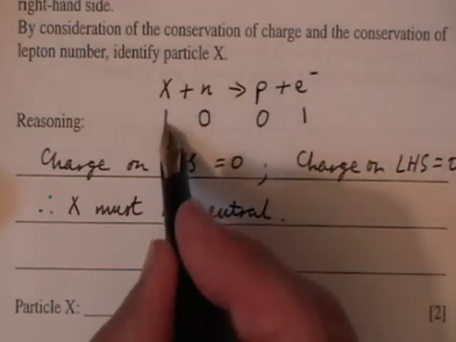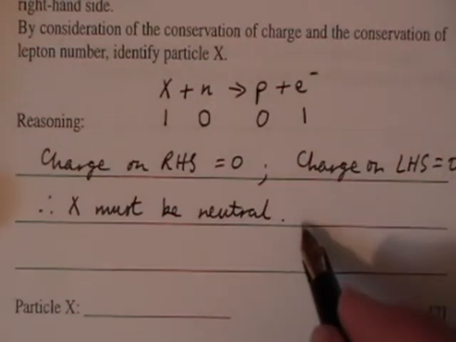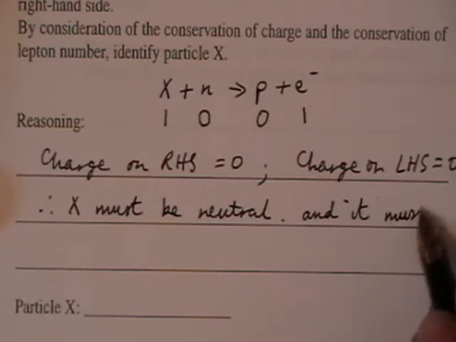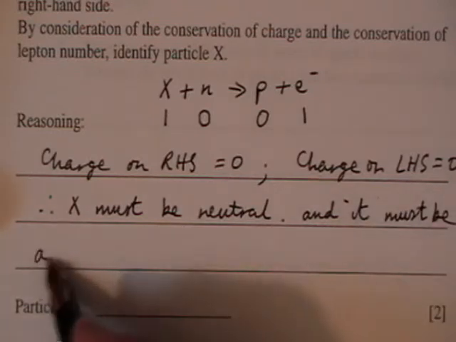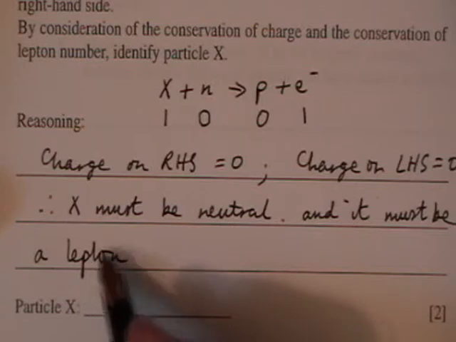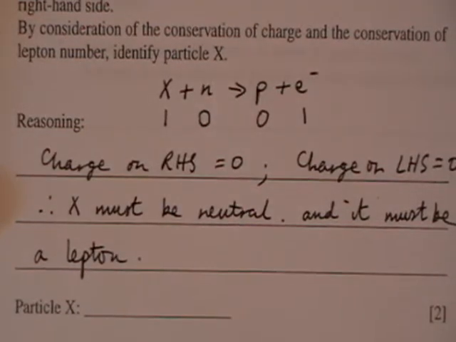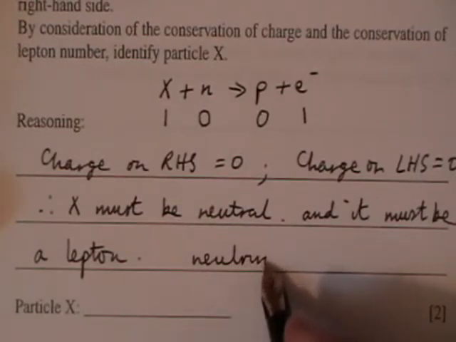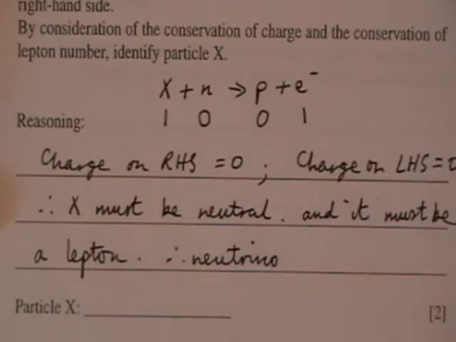That means X must have a lepton number of 1. So X must be neutral and it must be a lepton. The only neutral leptons that we know are neutrinos, therefore X must be a neutrino.